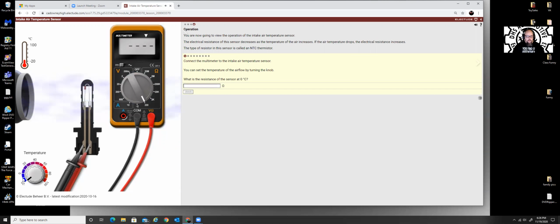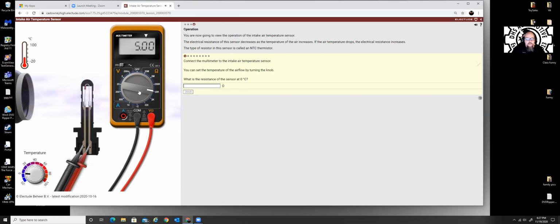We're not reading anything. Let's go ahead and go right here to the dial gauge. Go to 0 degrees centigrade. I'm hooked on. My meter's activated. I'm at 200. I don't see anything. So we click on this and we go up to 2,000. Don't see anything. Nope. When we get to 20,000 ohms, then we start seeing a value here.